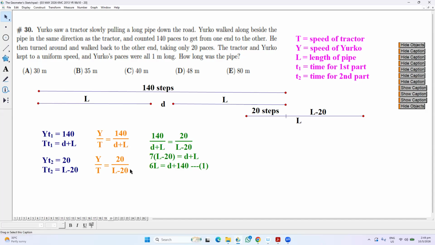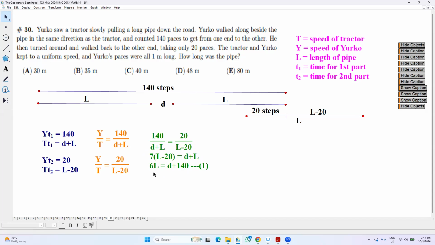So equate, cross multiply, cancel 7 first: 140 and 20 give 7. So 7 times L minus 20 equals D plus L. So 7L minus L is 6L, then 7 times 20 is 140. So this is equation 1.